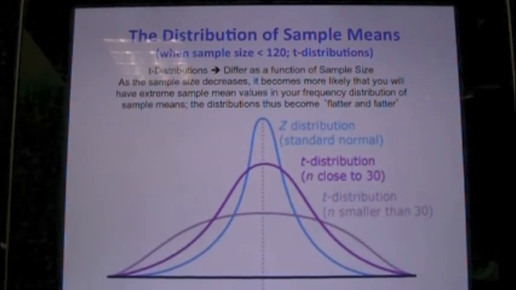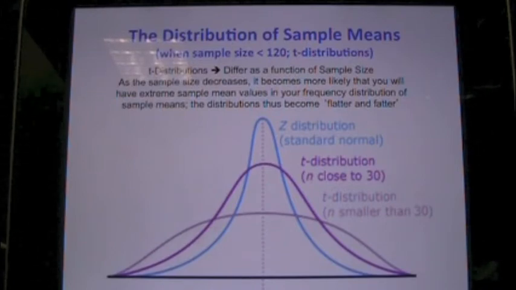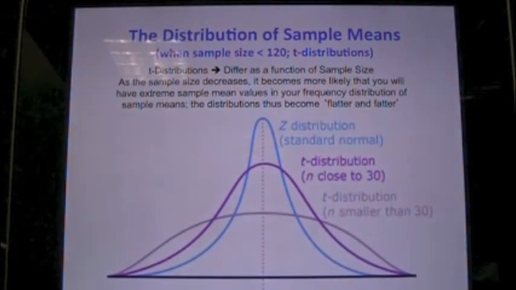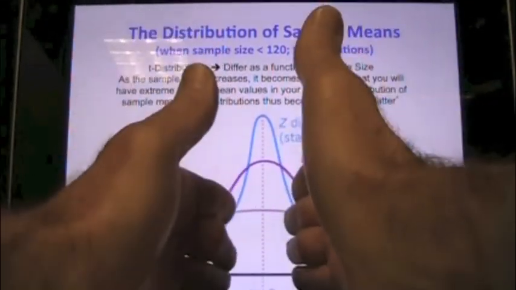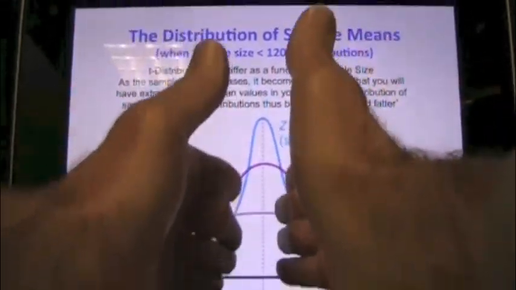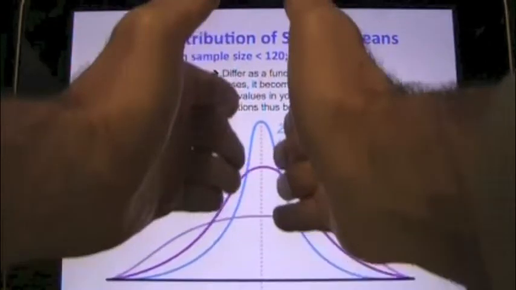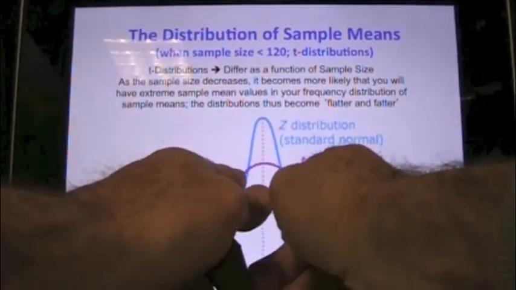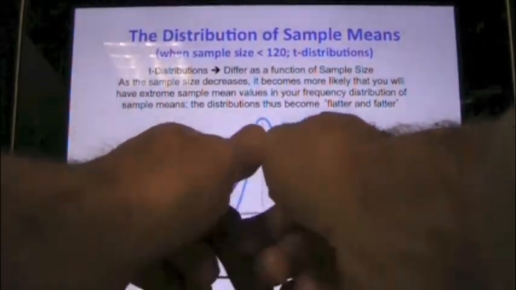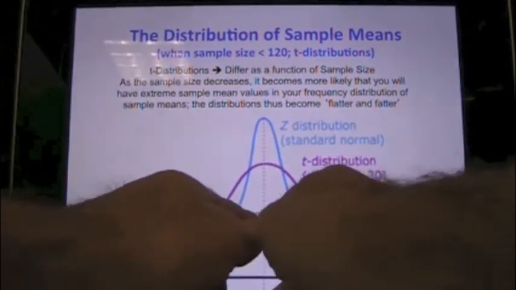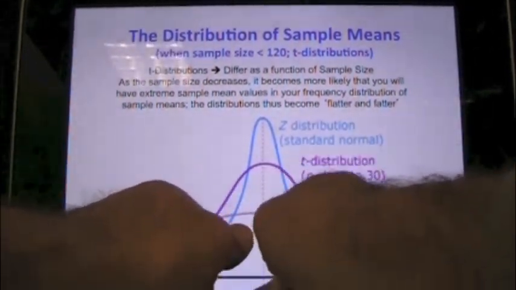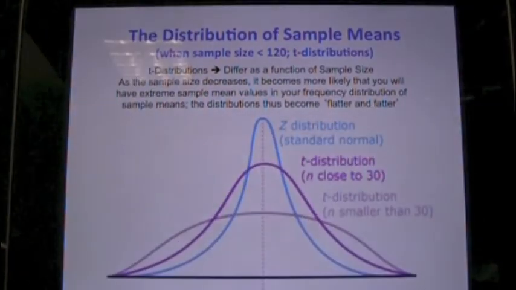And if we're using this distribution of sample means to predict the confidence interval, when it's a normal curve, one standard deviation on either side of this distribution will capture 68% of the data. If it's a t-distribution here, one standard deviation doesn't capture as much because there's more stuff on the outside. If it's a t-distribution with an even smaller n, one standard deviation captures even less and less.